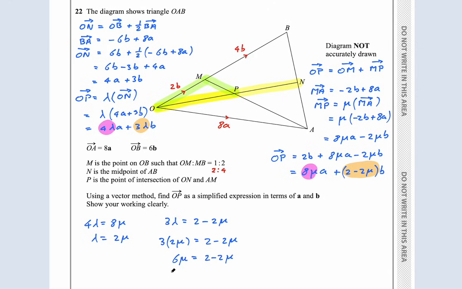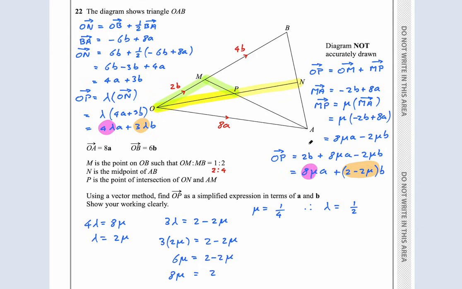Add the 2 mu over here and I get 8 mu equals 2, or mu equals 2 over 8 or 1 over 4. So mu is 1 over 4, which means lambda, therefore lambda equals 2 times mu, or 1/2.